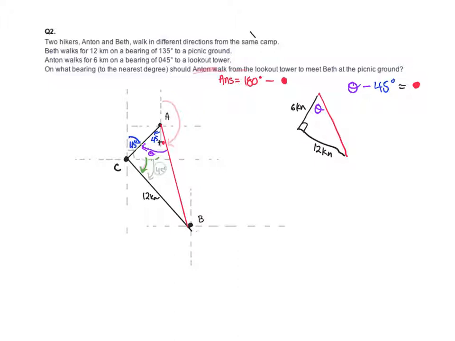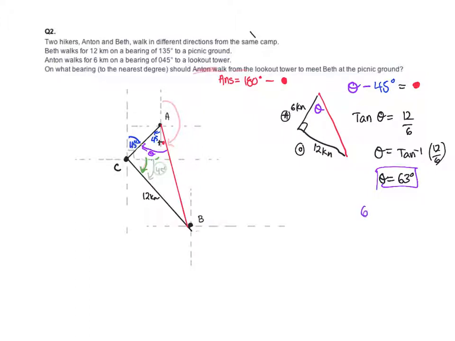So I've got opposite, I've got adjacent. What would I use? Tan. It's a right angle triangle, so I can use tan. So it equals the inverse of tan. So the angle is 63 degrees. So you just told me what that purple one is.